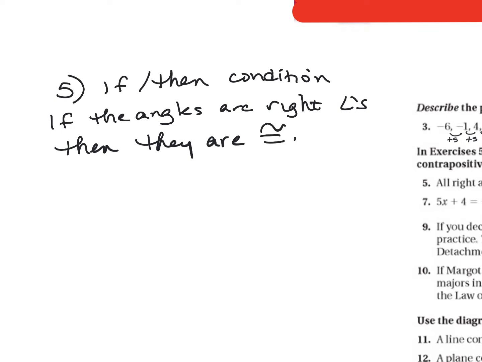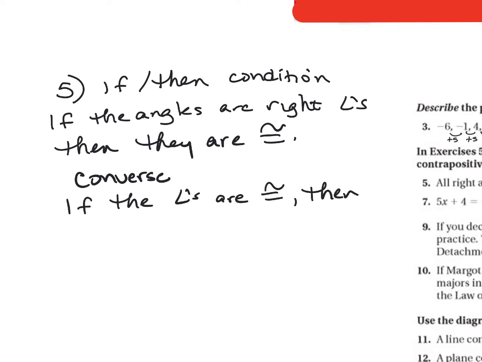Then the converse of this is where you're going to switch the order. So here what I could state is if the angles are congruent, then they are right angles.